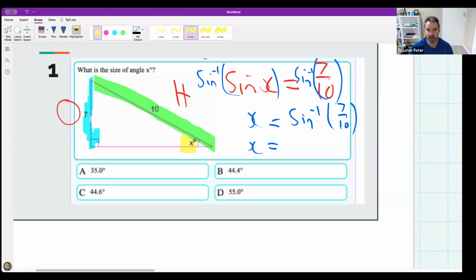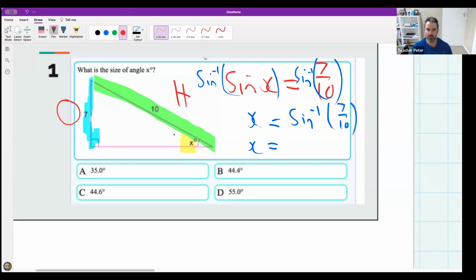So make sure now you must use the shift key or the inverse sine key. So I go shift sine fraction button 7 over 10. And what do we get? What are you guys getting as your answer? There's two ones that are quite close together.